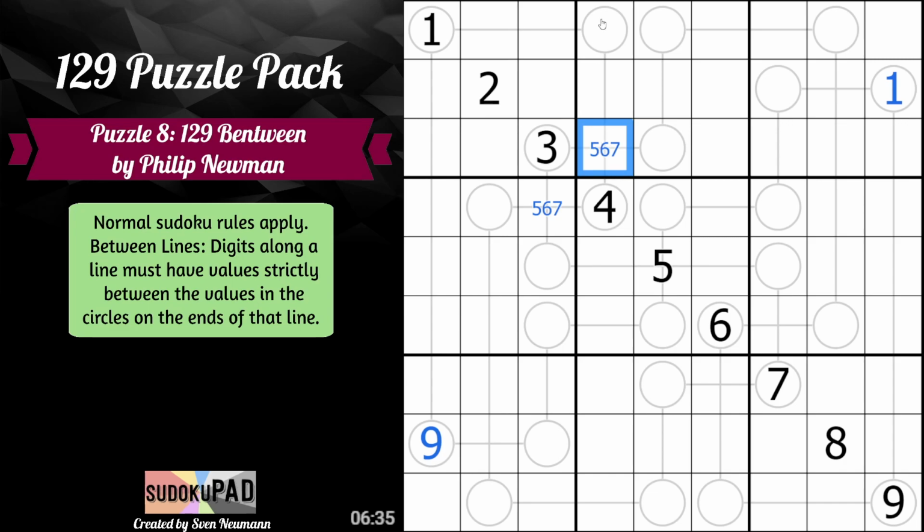And then the between lines, 4, 5, 6, this will be 7, 8, 9. This can be 6, 7, 8, 9. Ooh, lots of digits here. 4 to 7. So this is also 5, 6, 7.